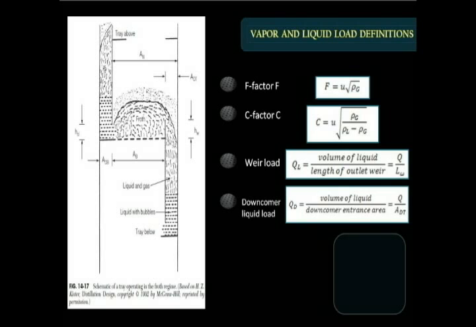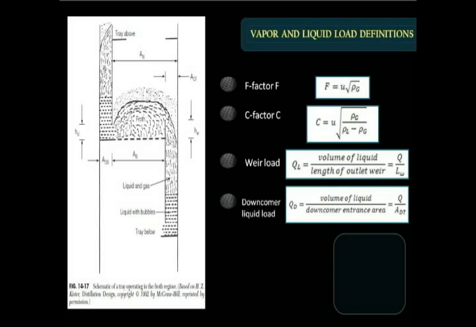C factor, defined in the equation, is the best gas load term for comparing capacities of systems of different physical properties. It has the same units as velocity, meters per second or feet per second, and is directly related to droplet entrainment. For the C factor, as with the F factor, the user should be aware of any data for which the area basis is not clearly specified.